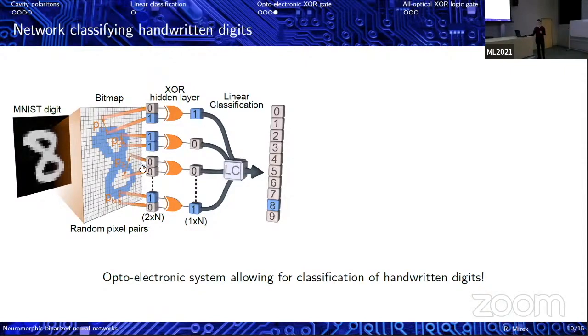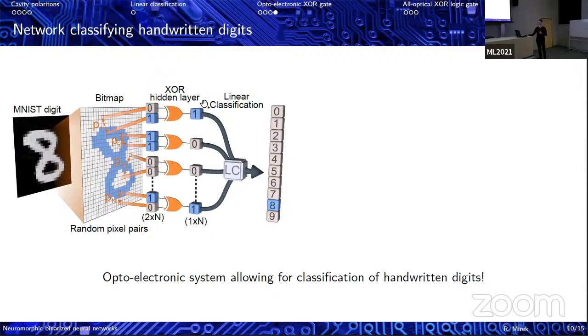So we went further with this, and we tried to construct a binarized neural network working on these XOR gates. We binarized the MNIST digits from the MNIST data set, and we randomly chose pairs of pixels on these pictures, and these pairs of pixels were the inputs of the XOR gates in the hidden layer.